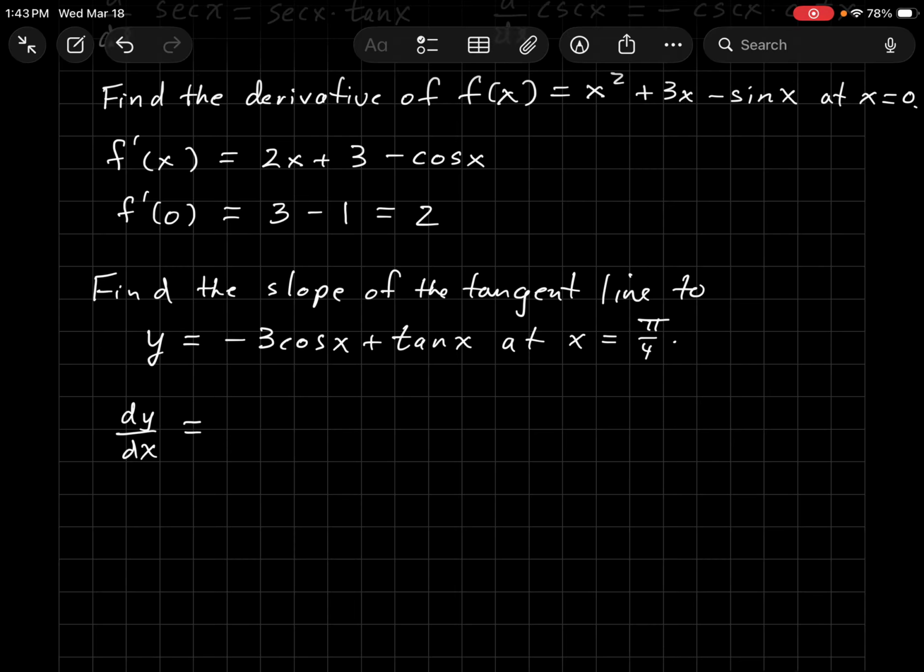So the derivative of cosine is negative sine, which means the derivative of negative 3 cosine of x is 3 sine x, positive. Plus the derivative of tangent of x, which is secant squared of x. And now let's evaluate this. That bar like that means evaluate at pi over 4.